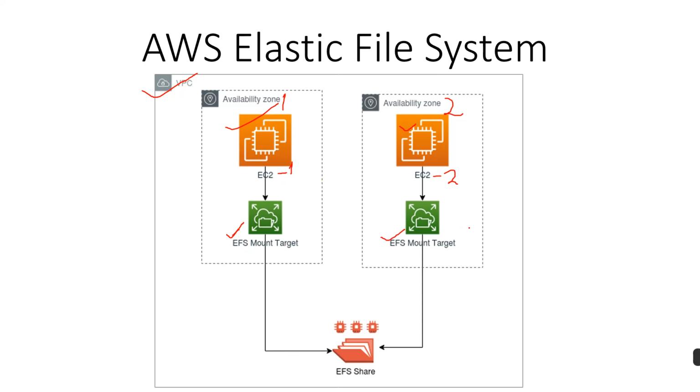Then after that, we will create an EFS share. We have to create an Elastic File System. This is a service in AWS, that is AWS EFS, right? Then we will mount the instances of the different availability zones.